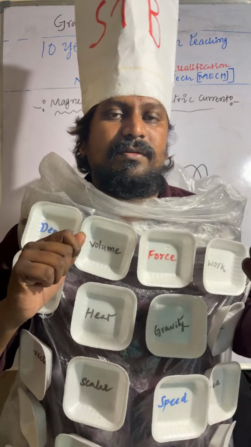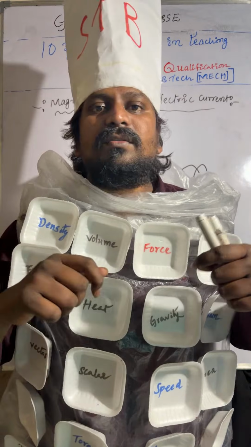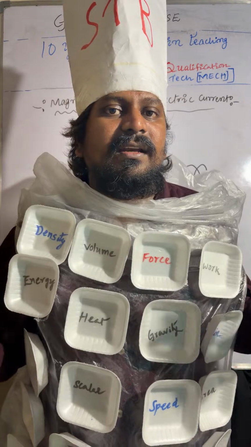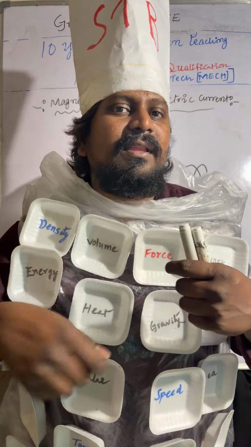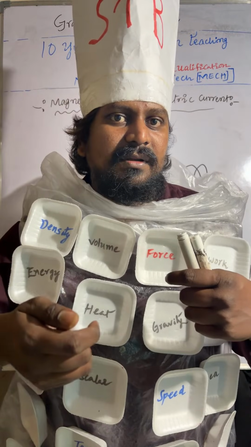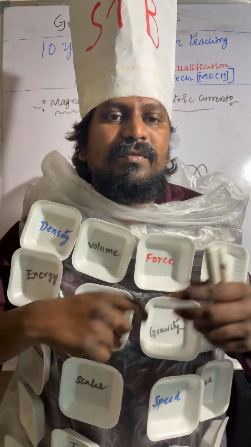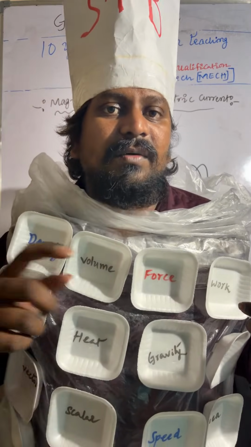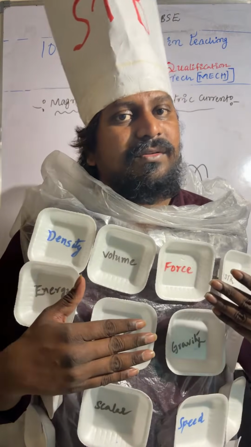So we took the long straight insulated copper wire. We wrapped, in the sense folded, that conductor in the form of a cylindrical shape, and that is connected to the circuit.